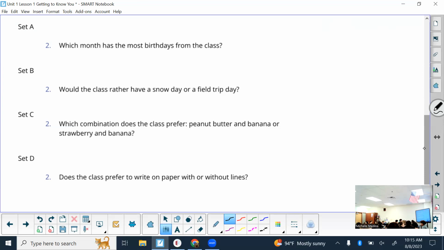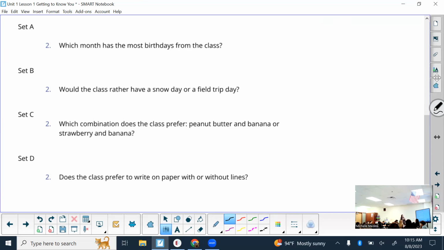Should have looked at your number 2 responses, no matter which number 2 you had, and said something about their responses. All right. You'll phone a friend, I'll allow it this time. Table 6. Like something that they prefer. Okay, something that they prefer for some of them, but what about that they all have in common?